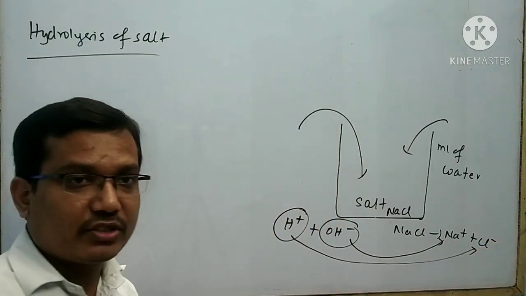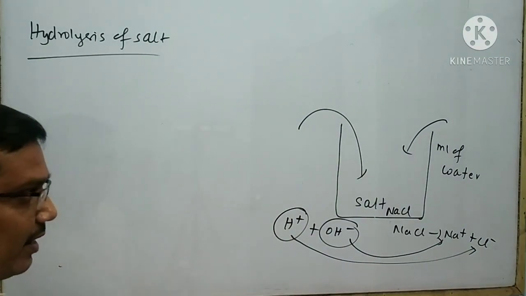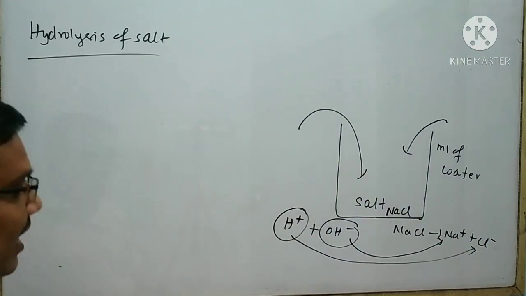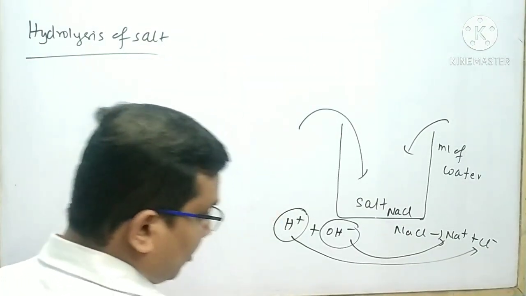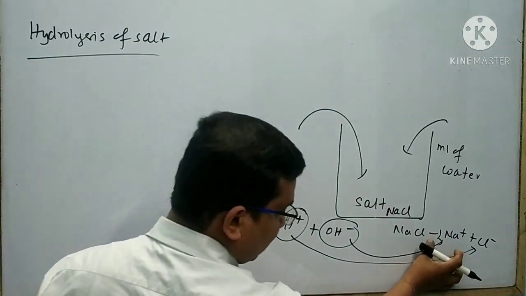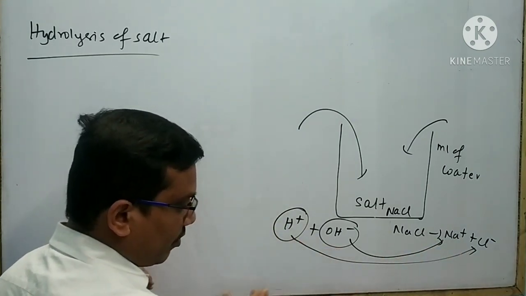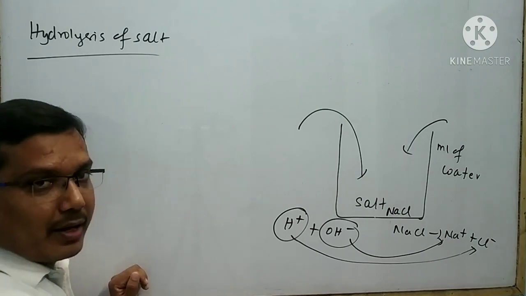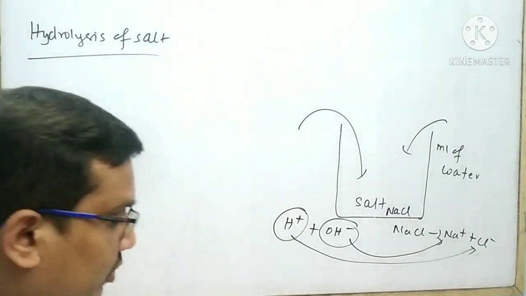This interaction is called hydrolysis of salt. So I can define the hydrolysis of salt like this. It is defined as the interaction of ions of salt with the oppositely charged ions of water to give acidic or basic or neutral solution.